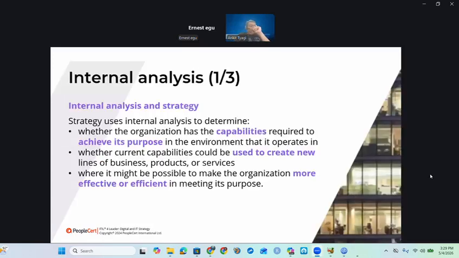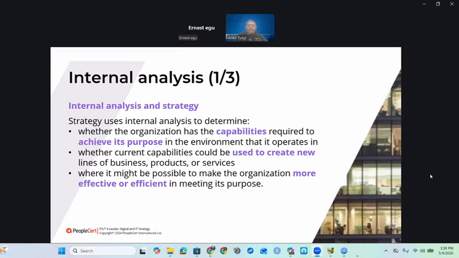Then similarly, we have the internal analysis as well. Like we said, the four dimensions are what we always have to consider. The organization's strategy uses internal analysis to determine whether the organization has the capabilities required to achieve its purpose in the environment that it operates in. So do we have those required capabilities?